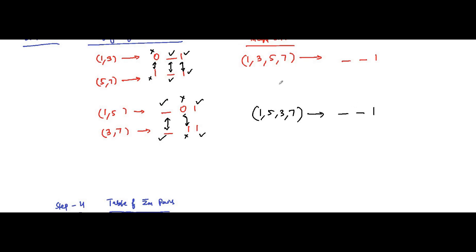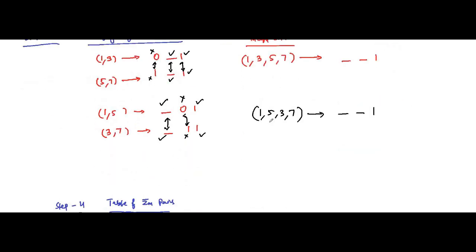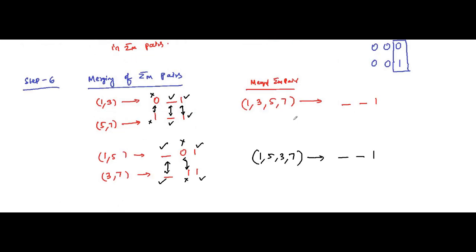So there are two merged minterm pairs that are formed. One is 1357, another one is 1537. If you pay attention here, these two merged minterm pairs contain the same minterms. Here it is 1357, here it is 1537, just in different order. Here 13 then 57, here 15 then 37. These are repeated because they contain the same minterms, and their binary equivalent is also similar.